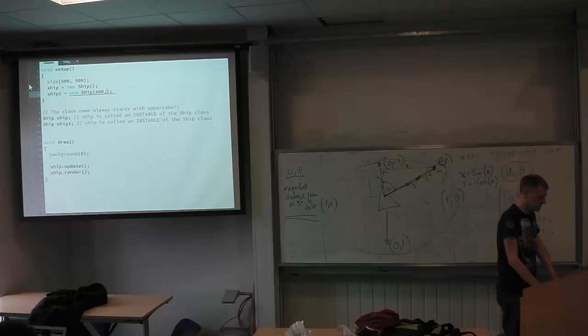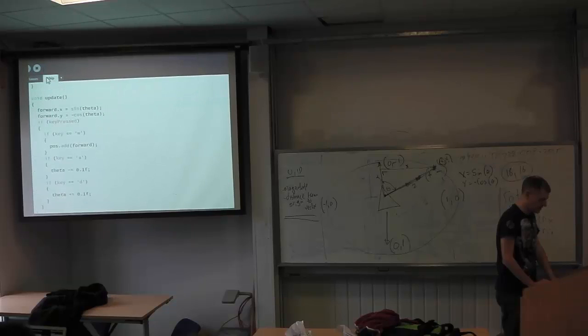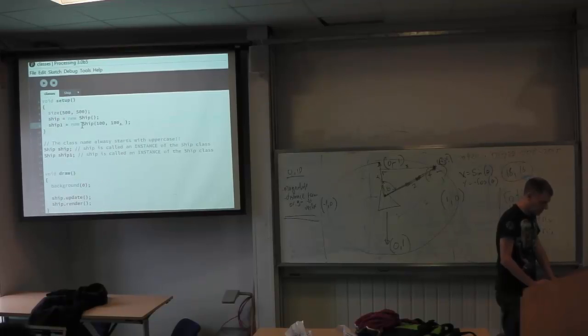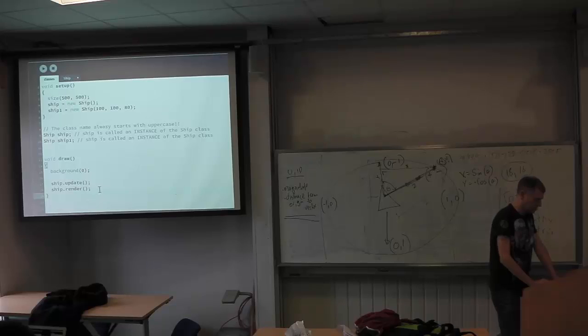But actually, let's do something a bit more reasonable. Let's say 100 and 100. And the other parameters that this ship takes, the W. Okay, so let's make this a different W value. Let's make this a W value of 80, so that we can see the differences between the two ships, right?